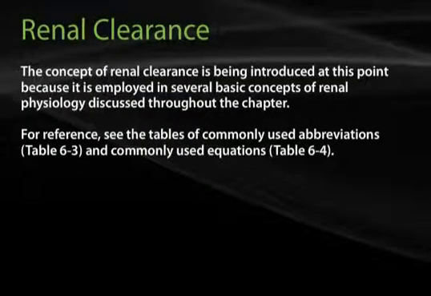The concept of renal clearance is being introduced at this point because it is employed in several basic concepts of renal physiology discussed throughout the chapter. For reference, see the tables of commonly used abbreviations, Table 6-3 on page 245 of the text, and commonly used equations, Table 6-4 on page 246 of the text.